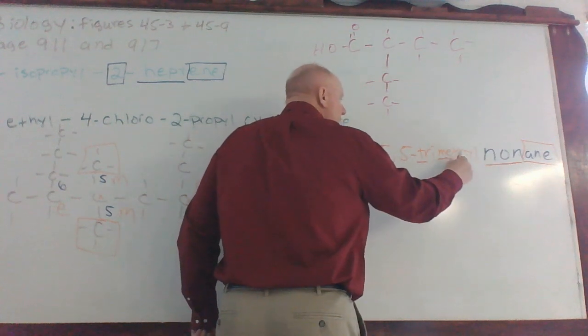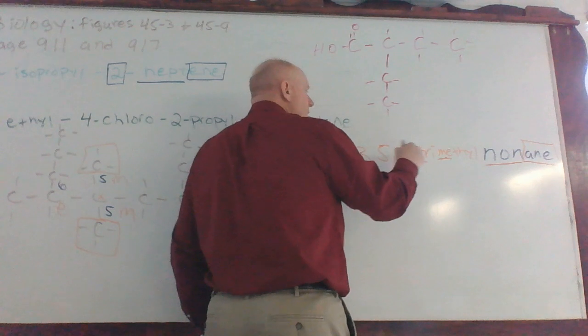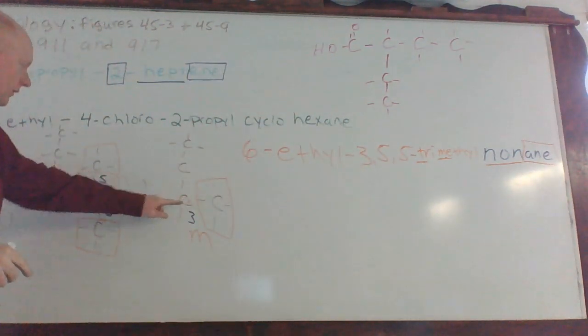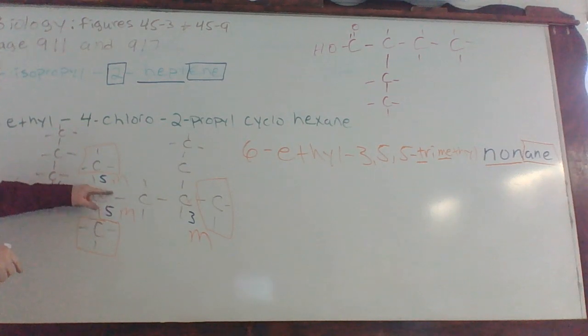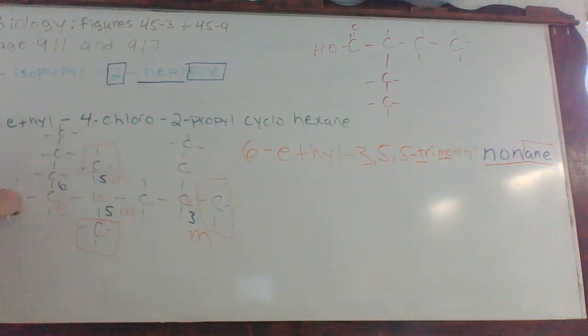This says you've got a methyl group, but not just one. There's 3 of them on the 3rd, the 5th, and the 5th. Well, here's number 3. Here's one of them on number 5. Here's the other one on number 5. And then an ethyl group, which was C2H5, which is right here, there's your ethyl group, C2H5.